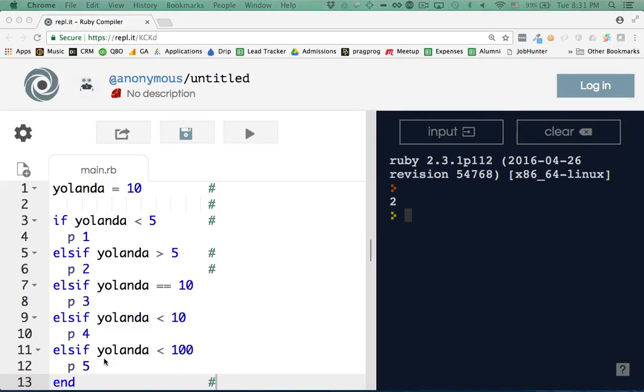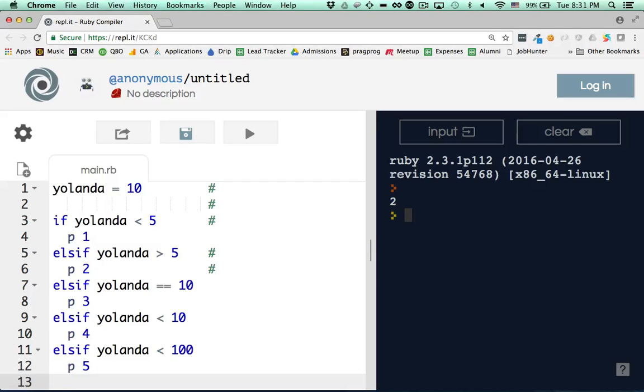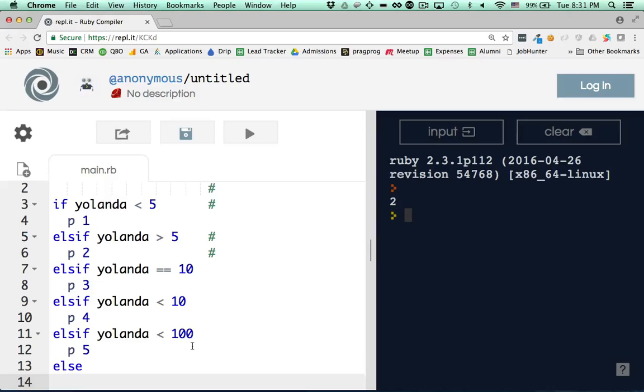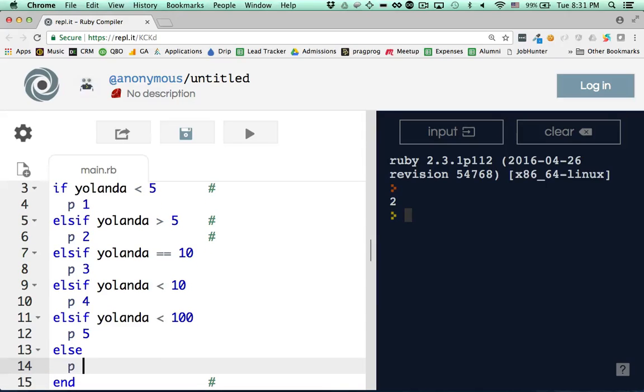Well, actually, it's worth going down that rabbit hole a little further. Let's say I did have an else. How would you say this else in English? It's rough, right? Basically, if none of these conditions apply. Is it possible to come up with a number where none of those conditions apply?